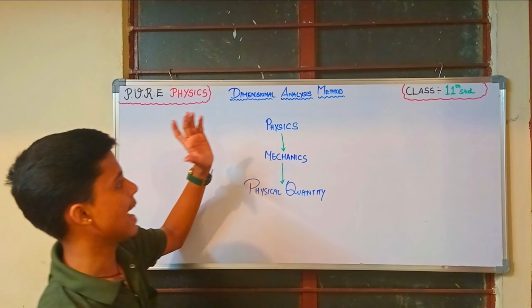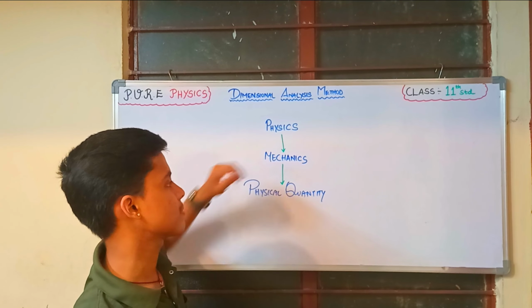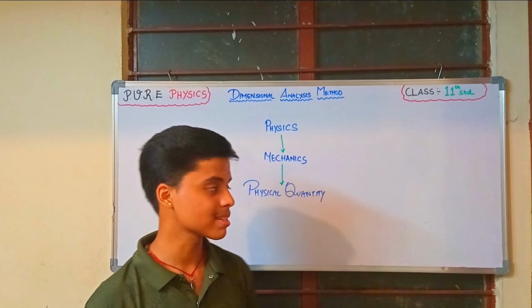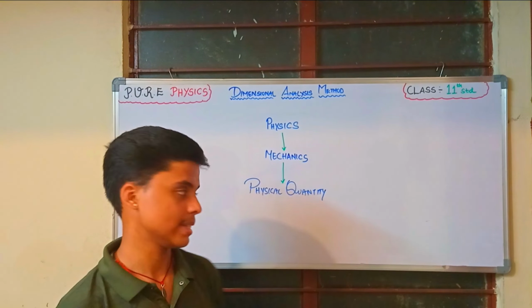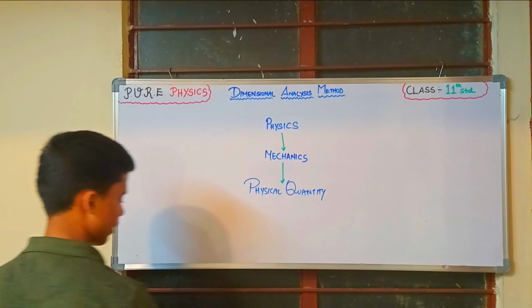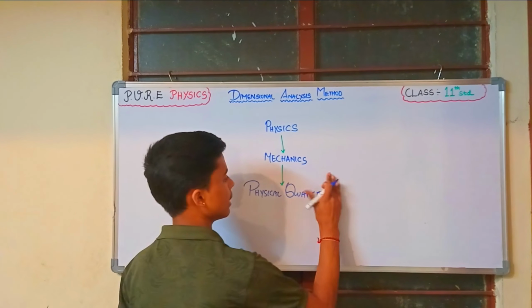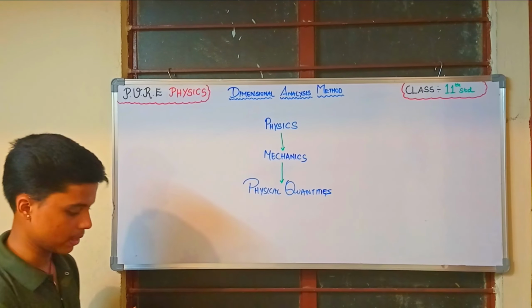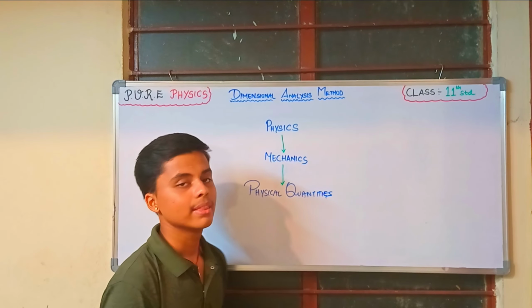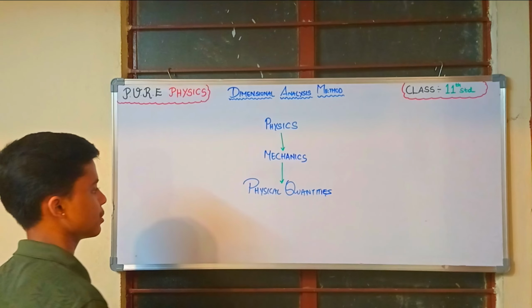So first we have physics. Under physics we have a branch called mechanics, and under mechanics we have physical quantities. I wrote physical quantity, but here I'm going to write physical quantities because there are a number of physical quantities in mechanics that come under the physics branch.